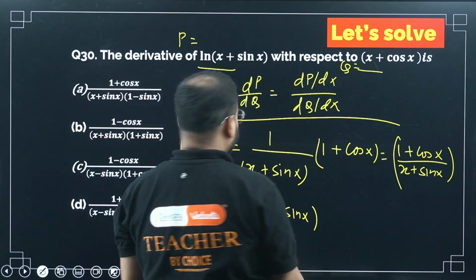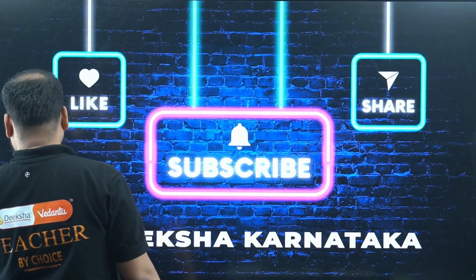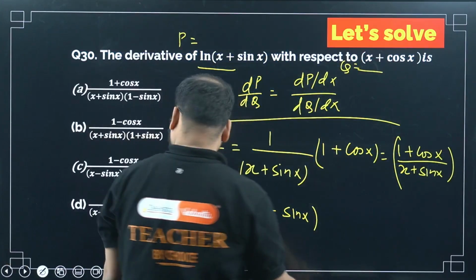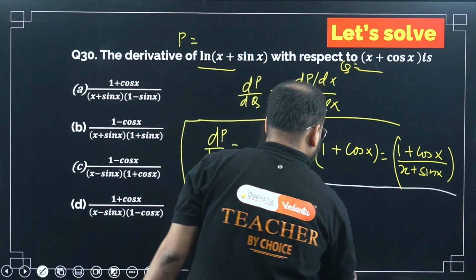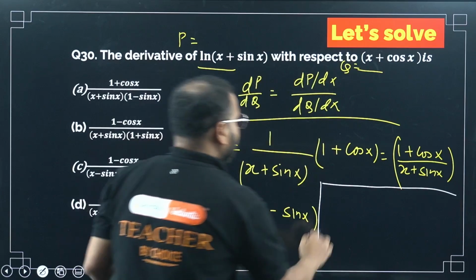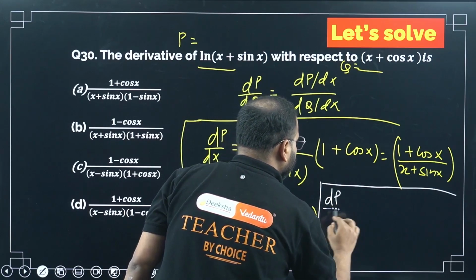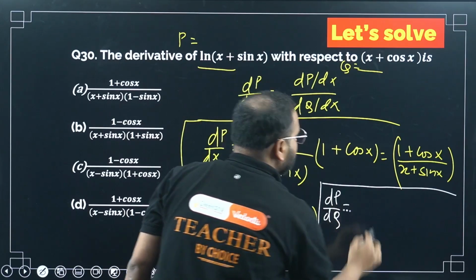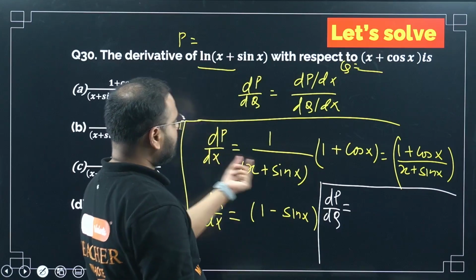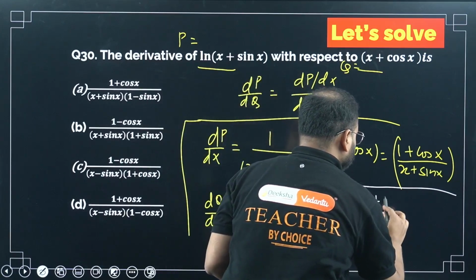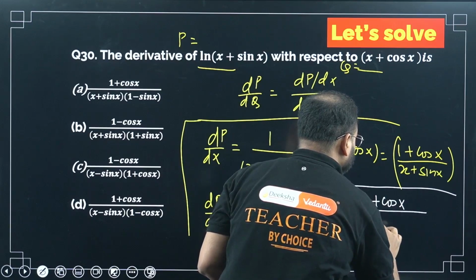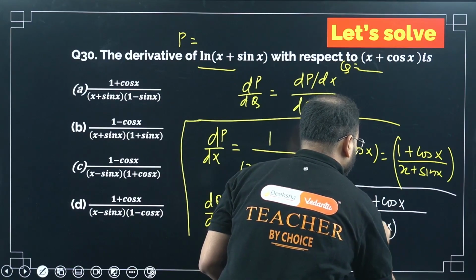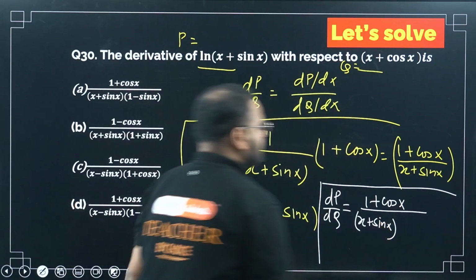So the final answer, dp by dq, equals 1 plus cos x upon x plus sin x, and in the denominator, 1 minus sin x.